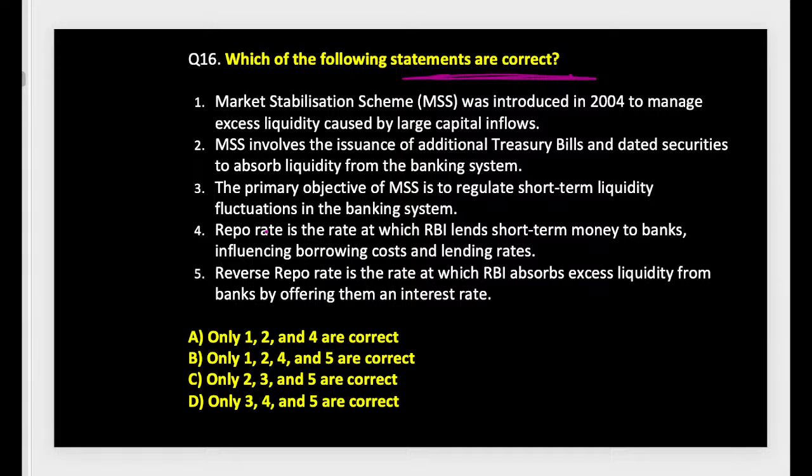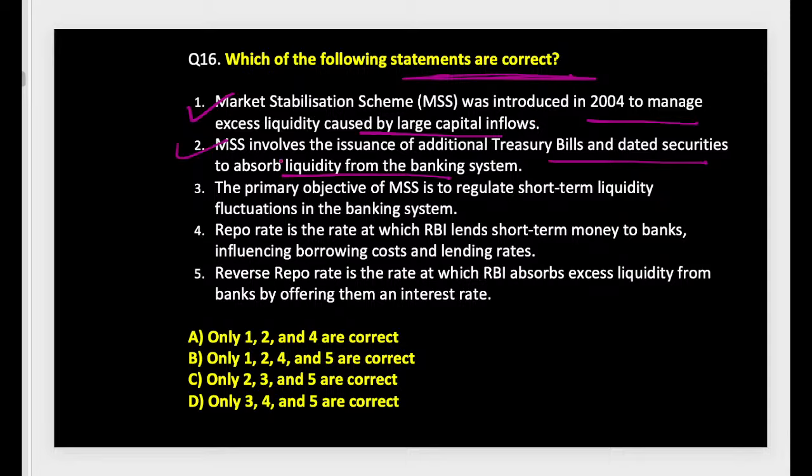Vinod sir is saying, see, MSS was introduced in 2004, the market stabilization scheme, to manage excess liquidity caused by large capital inflows by FIIs. 100% true, Vinod sir, this is correct. MSS involved the issuance of additional treasury bills and dated government securities to absorb liquidity from the banking system, which is infused by the large capital inflows from the FIIs.